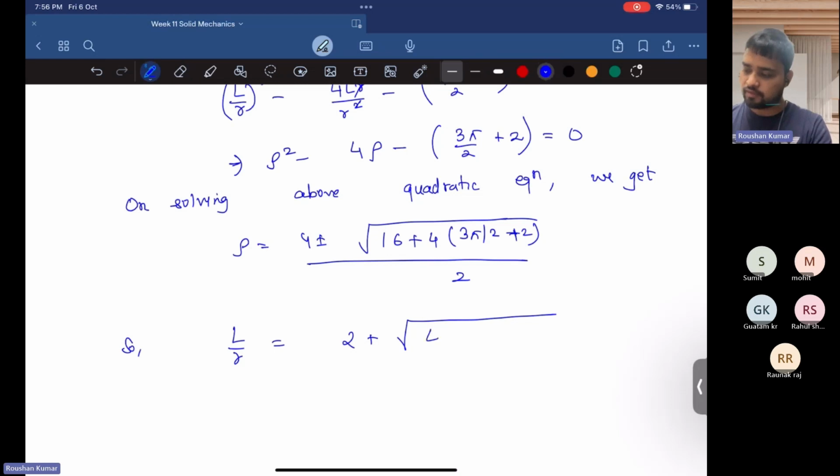If we take 4 common from the root, it will become 4 plus 2 times root of (4 plus 3 pi by 2 plus 2), over 2, that is 2 plus root of (6 plus 3 pi by 2).